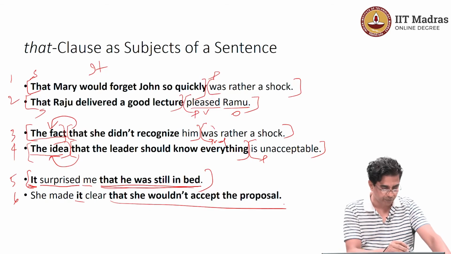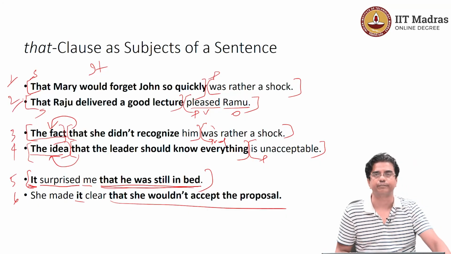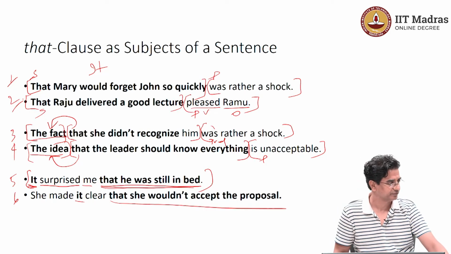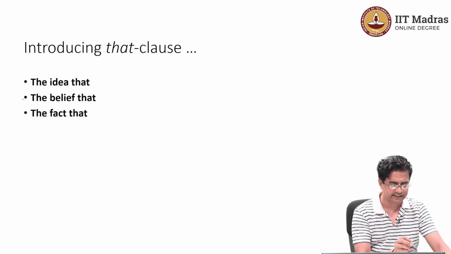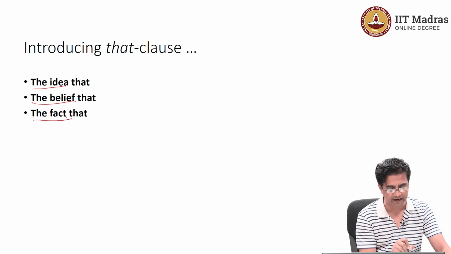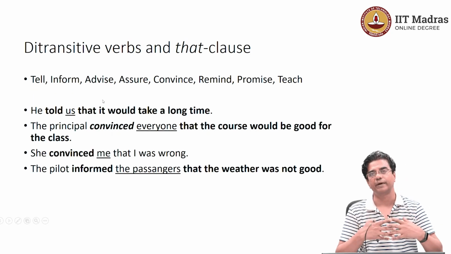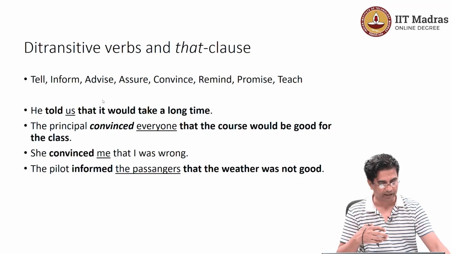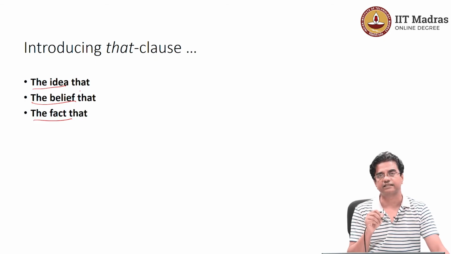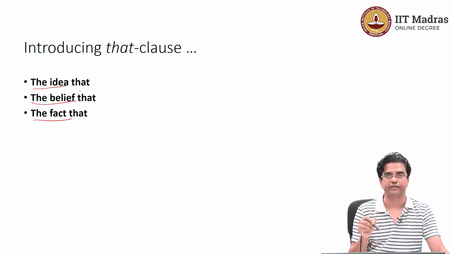Moving ahead, the point on this slide that I am trying to make is that only 1 and 2 are examples of that clause as the subject of the sentence. There are certain things in English, like the idea, the belief, the fact. We use these things to reduce the heavy impact of a subject, and instead of using that clause as the big subject, we try to minimize the impact of that clause.